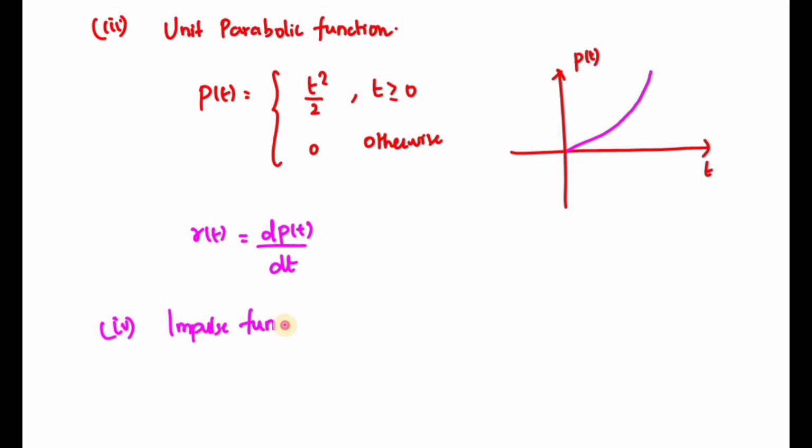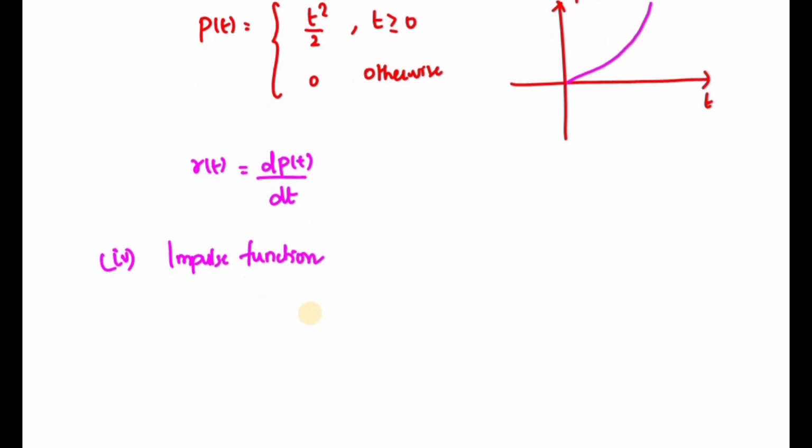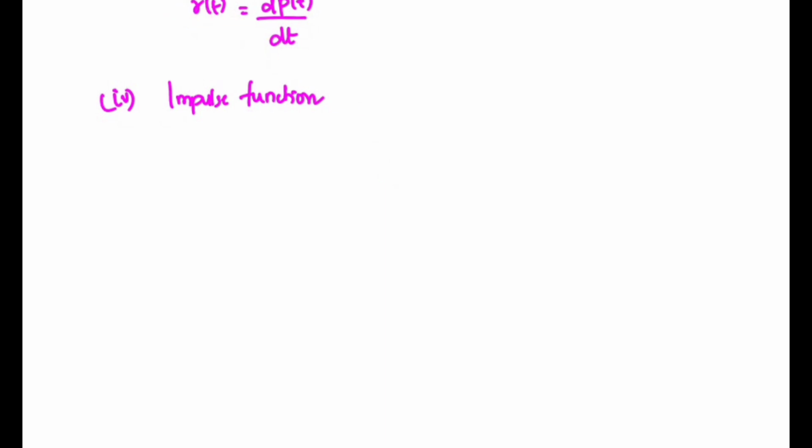Another very important one is the unit impulse function or unit impulse signal. It is represented by del of t.